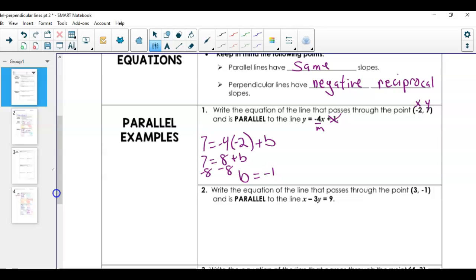After we find that y-intercept, we need to rewrite our equation so that it's y equals. It has to be parallel, so our slope has not changed, still -4x, but now our y-intercept is -1 instead of +1. So we're saying this line that we just found and this line are parallel lines.